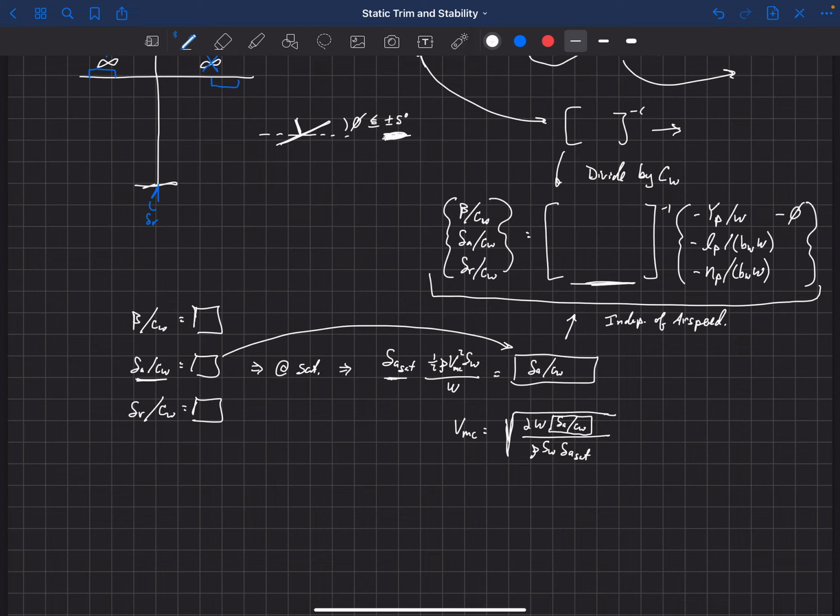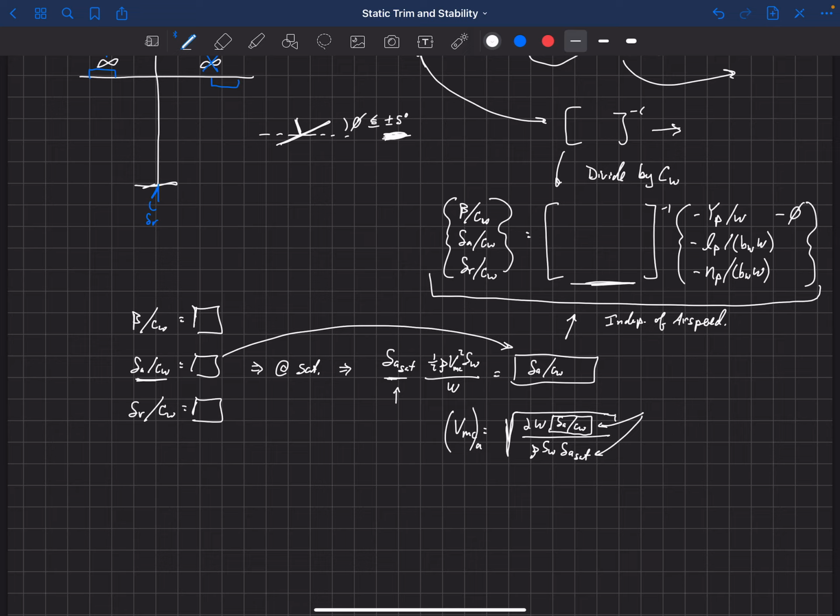So delta A sat is my maximum deflection that I can handle on that control surface. And once I've computed this value right there, and I can plug in the delta A sat, then what I can find is VMC. This is my minimum control airspeed for that aileron.